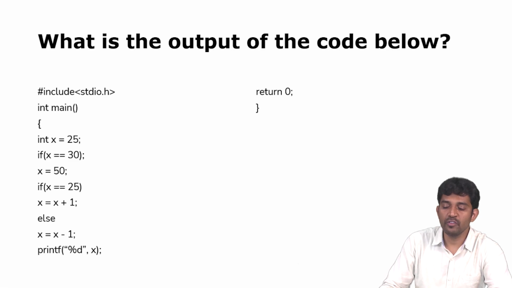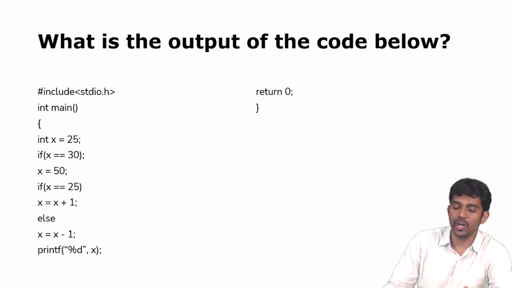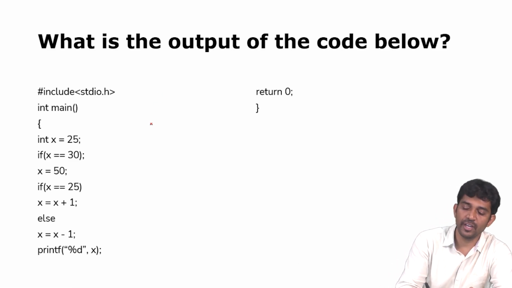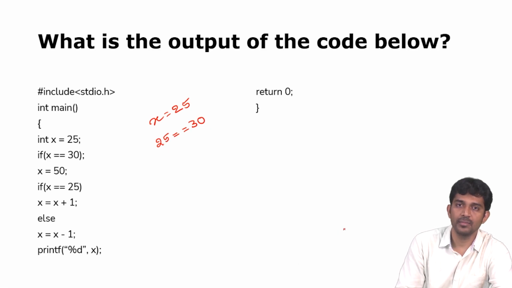And what is the output of the below code? See, they wrote that x equal to 25, right? X value is 25, and if x equal to 30 means 25 is equal to 30. Is the condition true or false?